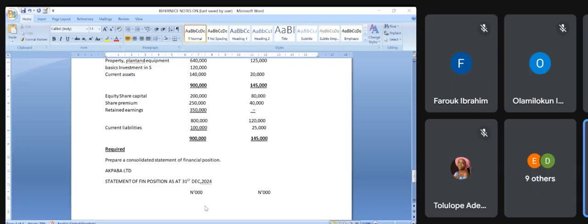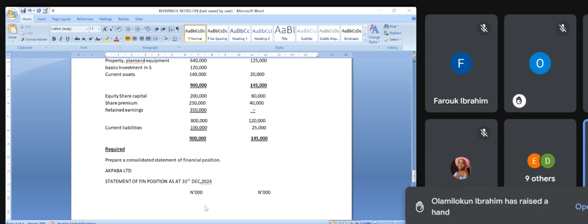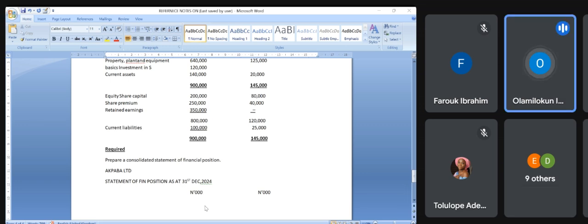All right, who again is here? Who wants to help? What are the 2 steps? Just tell me the 2 steps. Okay, Olamilokun, go ahead. Thank you.